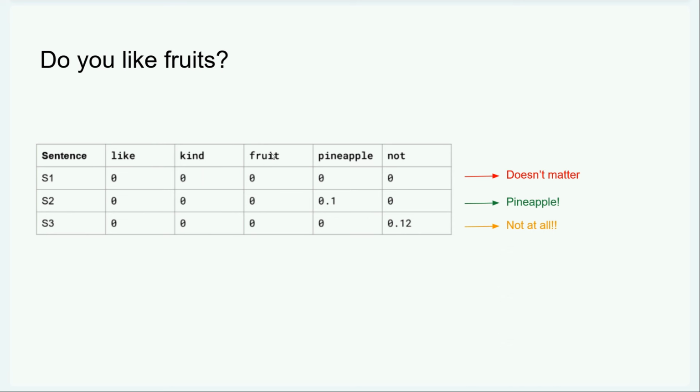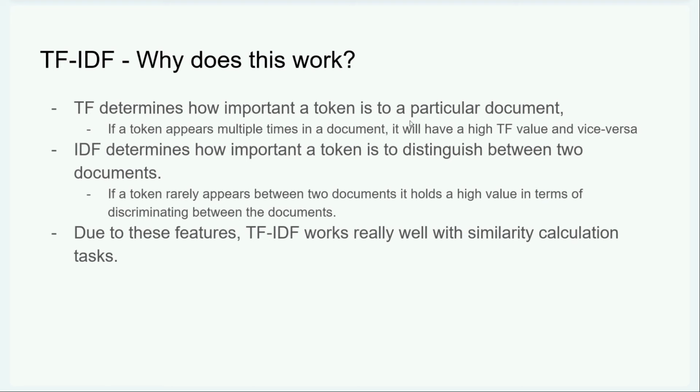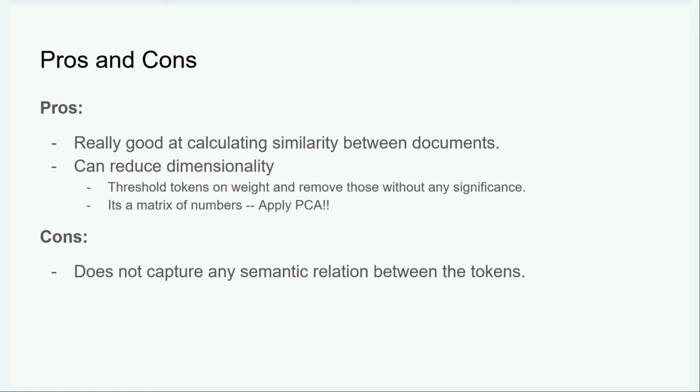I can just remove these values and restrict myself to pineapple and not, and I'll still be able to do the calculation that I want to. So immediately you remove the three tokens from your vector space and you are left with only two tokens. Now this is one way, that is you apply a threshold on the TF-IDF values and you remove the tokens that don't have any significance for your task.